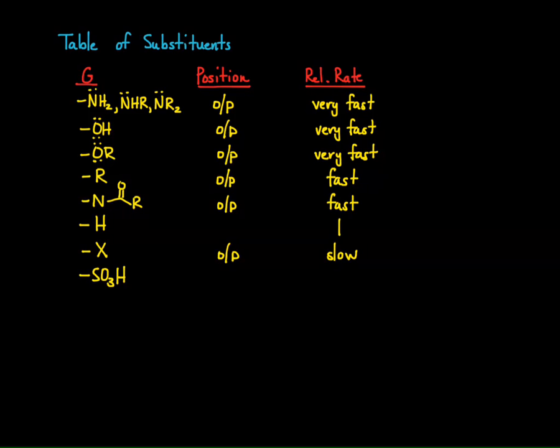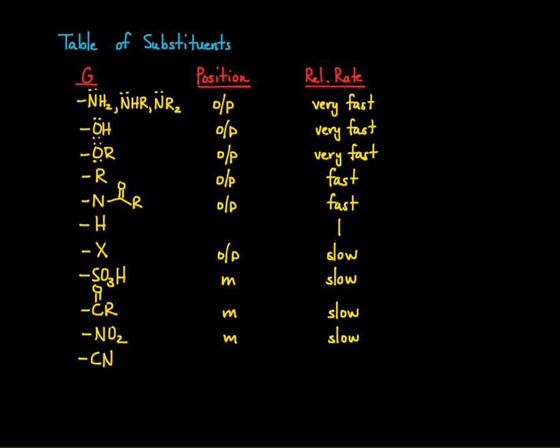I can have a sulfonic acid group on the benzene ring. It is a meta-director, and it is slower than benzene. Any carbonyl that's attached to the benzene ring is a meta-director, and it's slower than benzene. An NO2 group is a meta-director and is slower than benzene.